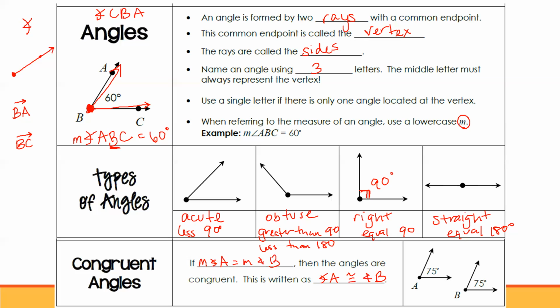If I'm just talking about their names, we would say that they're congruent. That's the difference between using an equal sign and a congruent symbol. If you're talking about their measure or the number of degrees that they are, we're going to use an equal. If we're just talking about their name, then we're going to use a congruent symbol.